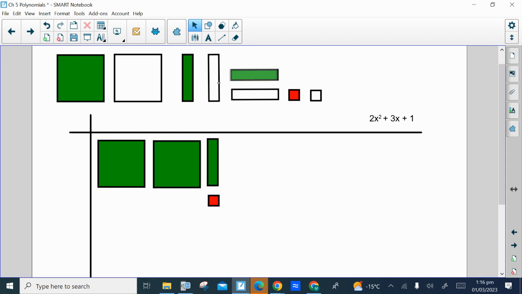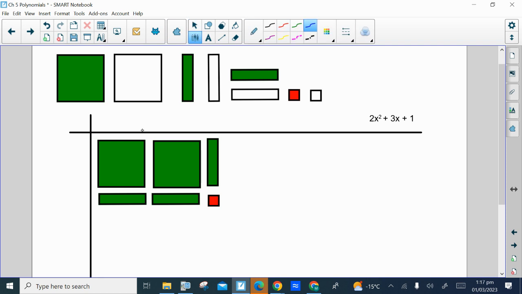We will use 3 positive x tiles. Each tile will be the same width as what's above, the same height as what's beside. That's how we know to fill in these 2 x's. This one up here is the same height as what's beside, the same width as what's below. So if we want to write the factors, this one here is x, that one there is x, that one there is positive 1.